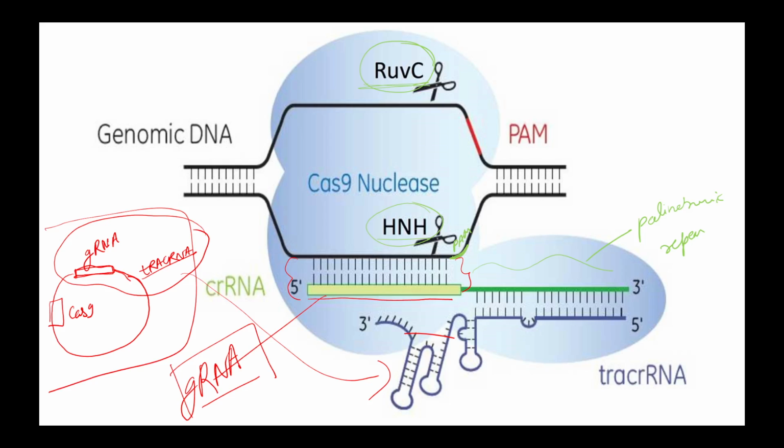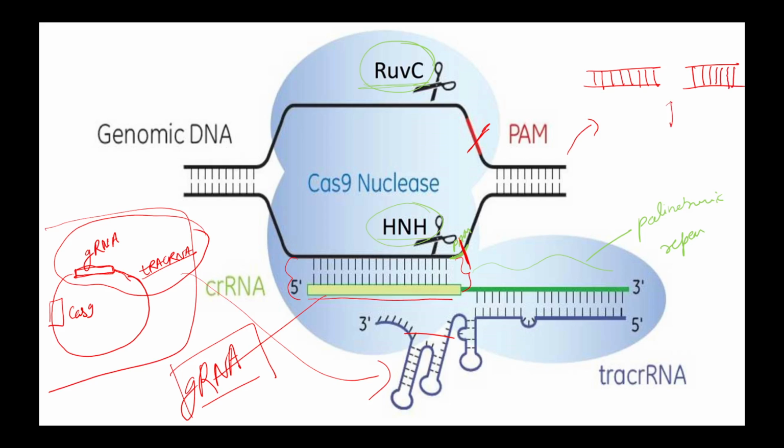And then it will make a cut at the PAM locus in the opposite strand. So this will create a double strand break in the genome. This is how the double strand break is made.